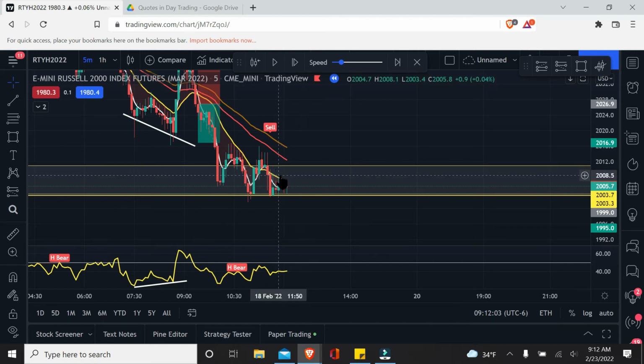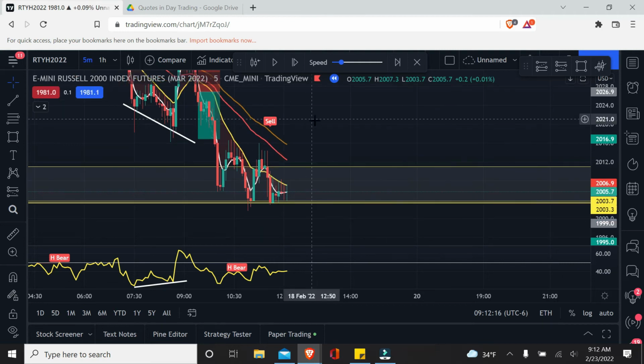And of course, if you would have taken this position, you would have been in a drawdown. It would not have been in take profit. And the reason, like I said, this is an area of support, and so we just wait.